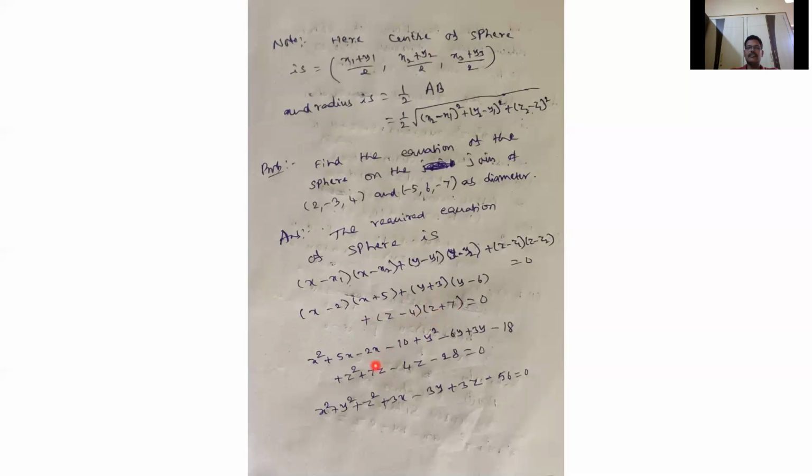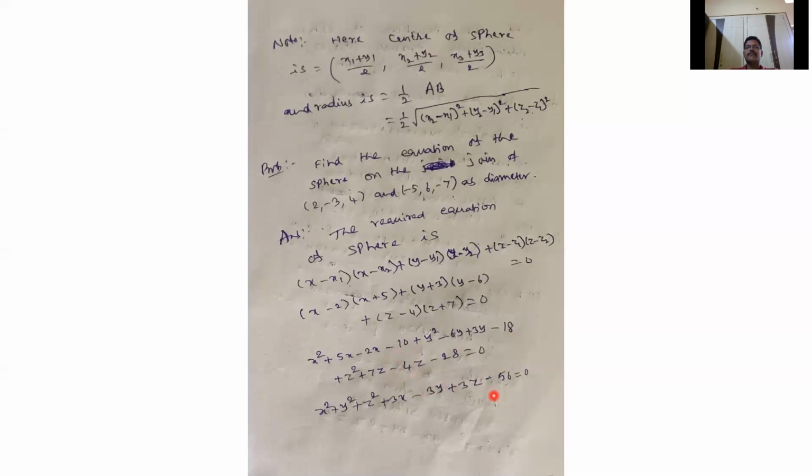So finally, we are getting x square plus y square plus z square plus 3x minus 3y plus 3z. Here 5x minus 2x is plus 3x, minus 6y plus 3y is minus 3y, and 7z minus 4z is plus 3z, and we get minus 10 minus 18 minus 28 equals minus 56, equal to 0.